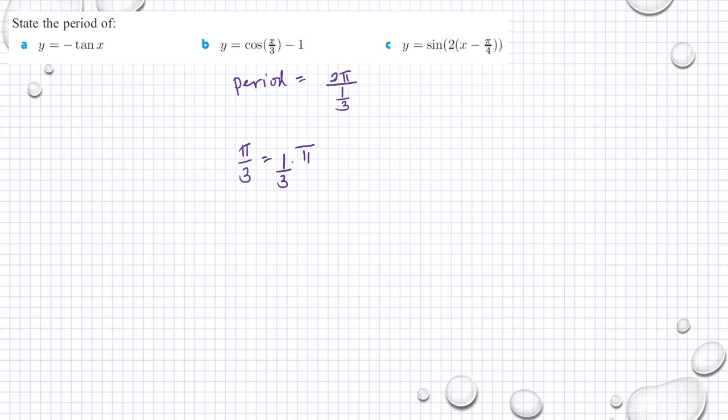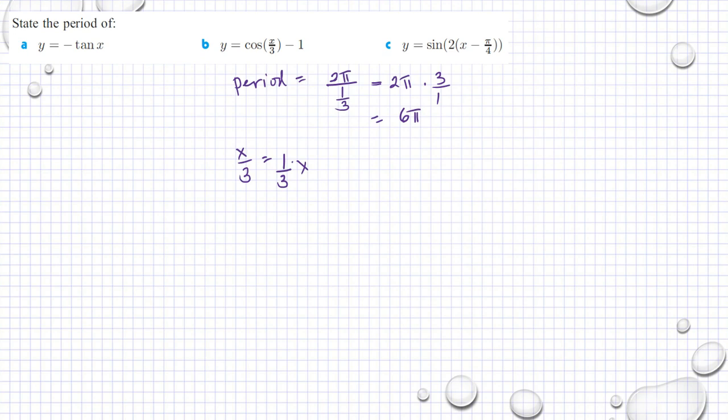Sorry, that is not pi. So we have 1/3 there. That means we have 2 pi multiplied by 3, and then we have 6 pi. So you need to stretch the graph.